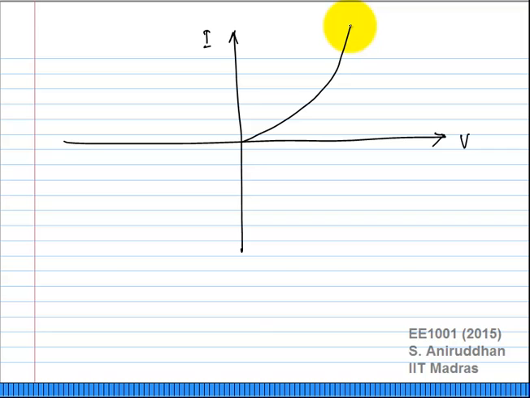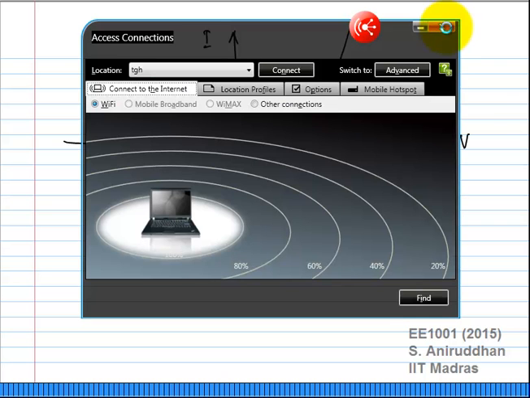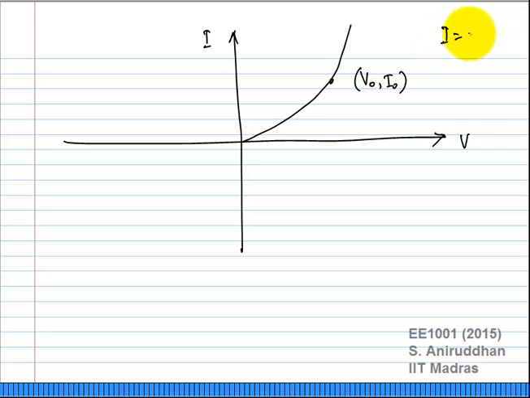I have some nonlinear relationship, and around a particular point, let us say V0 comma I0, I can expand the expression using the derivatives, the first derivative, second derivative and so on of the function f describing the relationship, and I can find it out for other values.